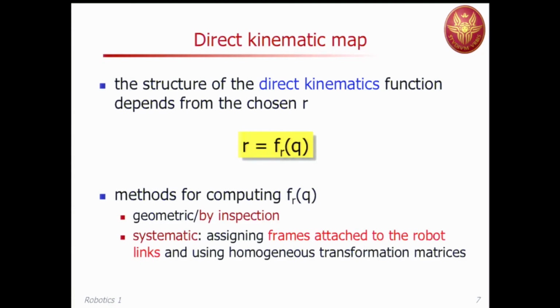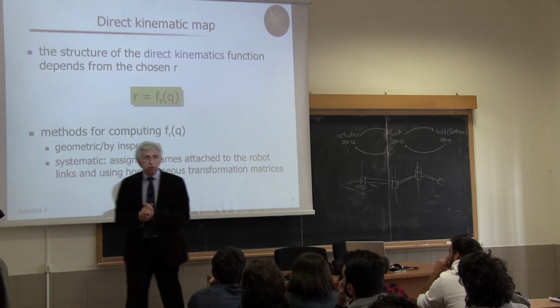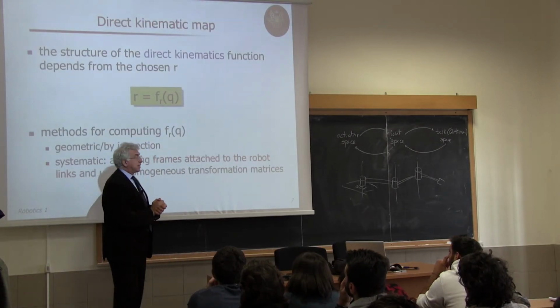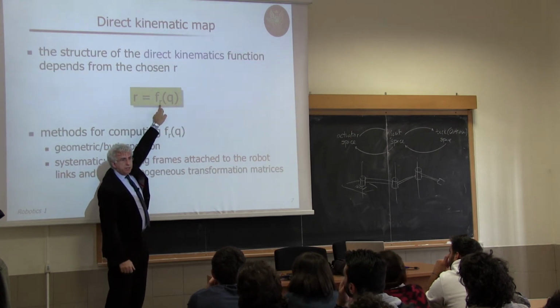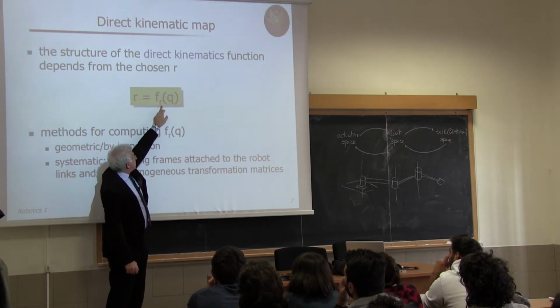So, depending on what will be the task that we are describing, or even just the component of the Cartesian quantity that we want to include in our mapping, we have a function which characterizes the direct kinematics. And at the beginning, as usual, I will put a subscript here to remember that we have a robot.